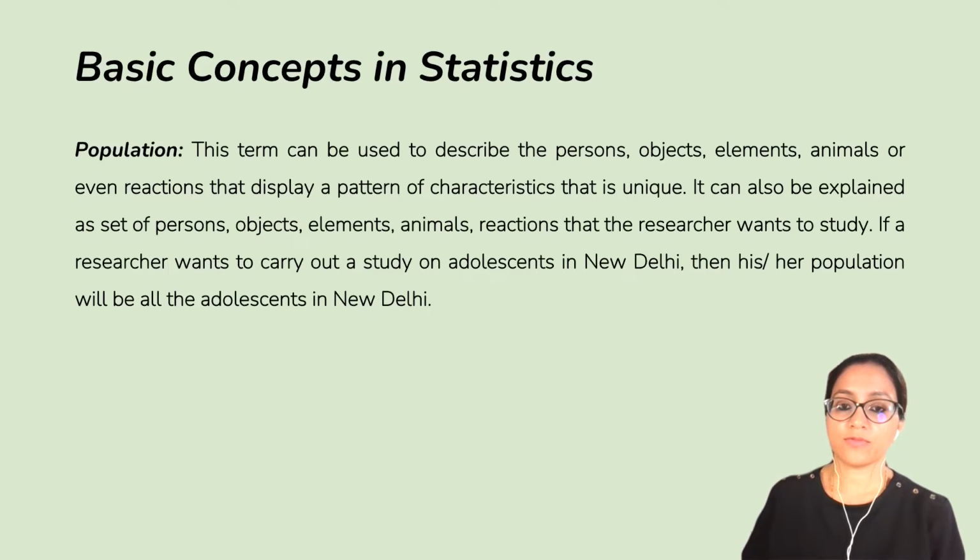Let us study some of the basic concepts in statistics. We'll start with population. What is population? This term can be used to describe the persons, objects, elements, animals, or even reactions that display a pattern of characteristics that is unique. It can also be explained as a set of persons, objects, elements, animals, reactions that the researcher wants to study.